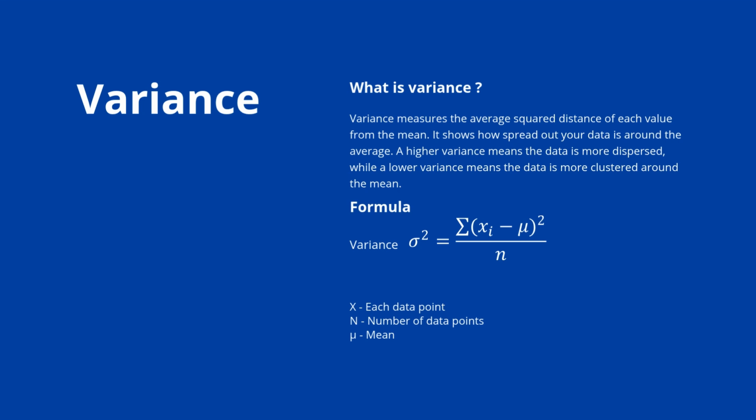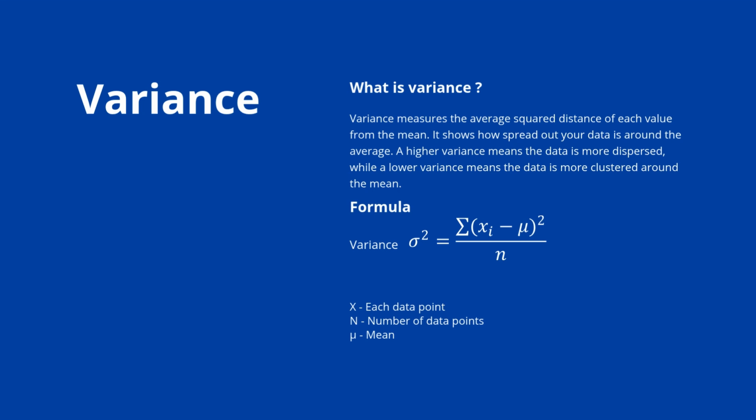You can consider the mean as the center point of the data set. Here is a simple formula to calculate variance: from each data point, we subtract the mean, then take the square of that, and divide by the number of data points.